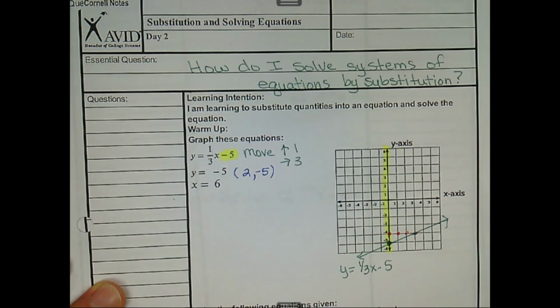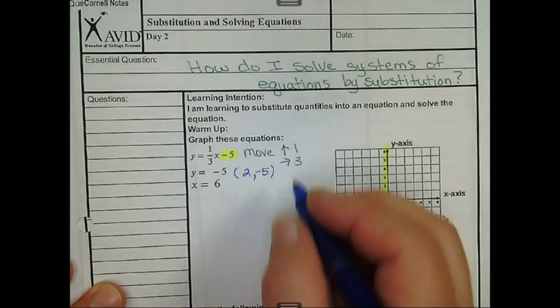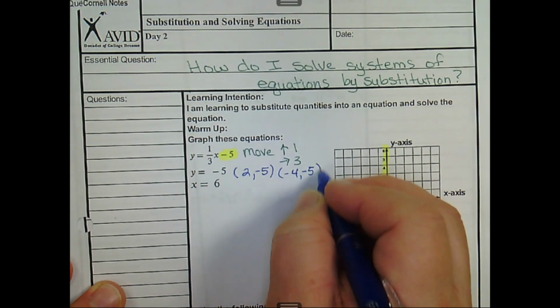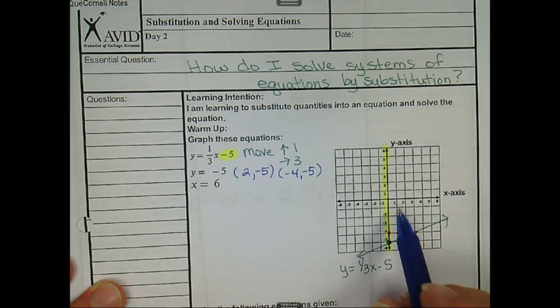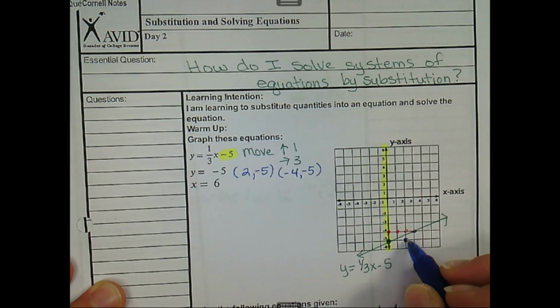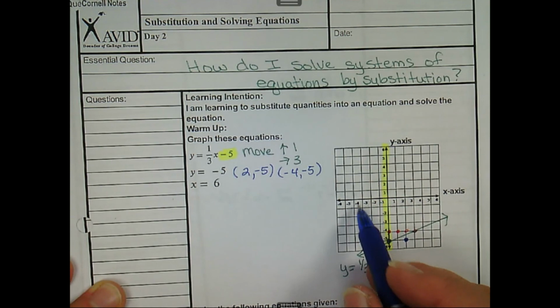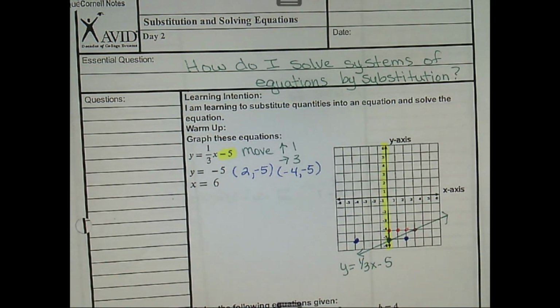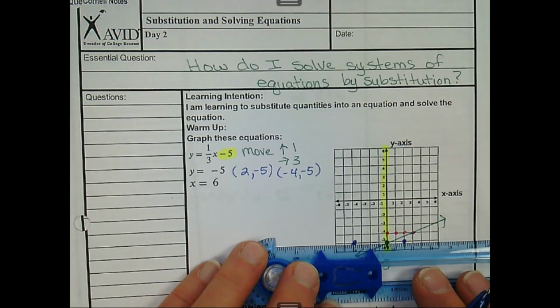I could pick a negative x value. -4, -5 will work. Where are these points located? Here's 2, here's -5, there's 1. Here's -4, here's -5, here's the second point, and I can now graph it.